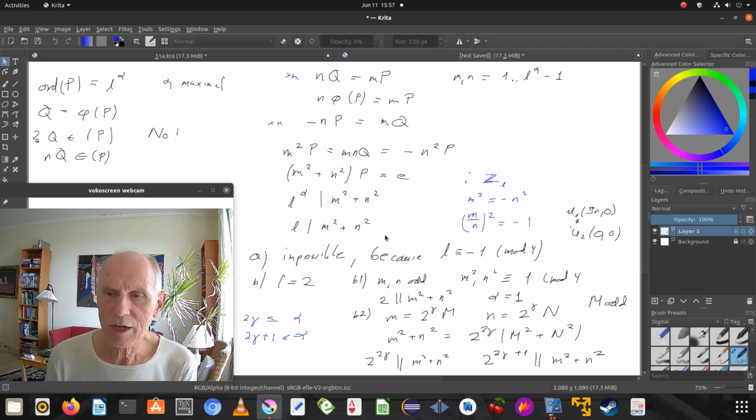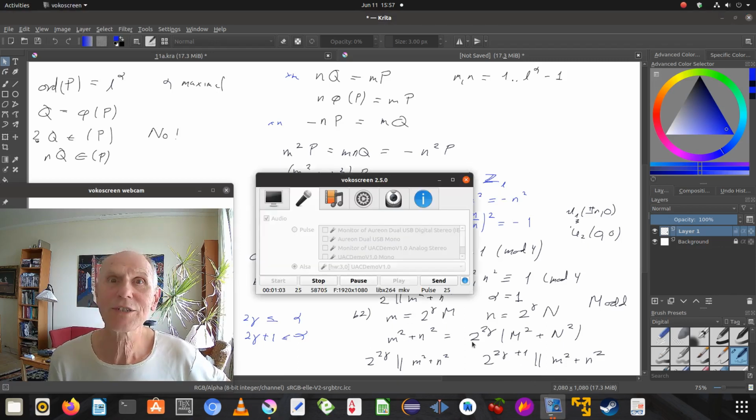So my previous argument was wrong. I feel I've hit the head of the nail with this argument. But the case L equals 2, I'm still confused, so let's stop it for today.